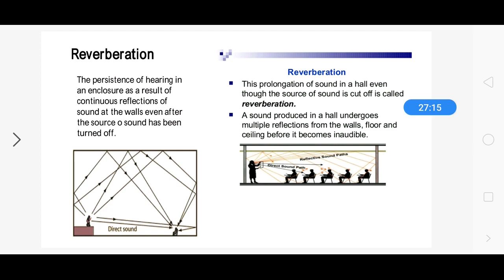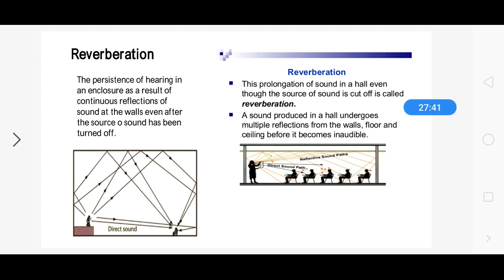There is a prolongation of sound in the hall even though the source of sound is cut off. That is called reverberation. And the sound produced in the hall undergoes multiple reflections from the wall, floor, ceiling before it becomes inaudible.